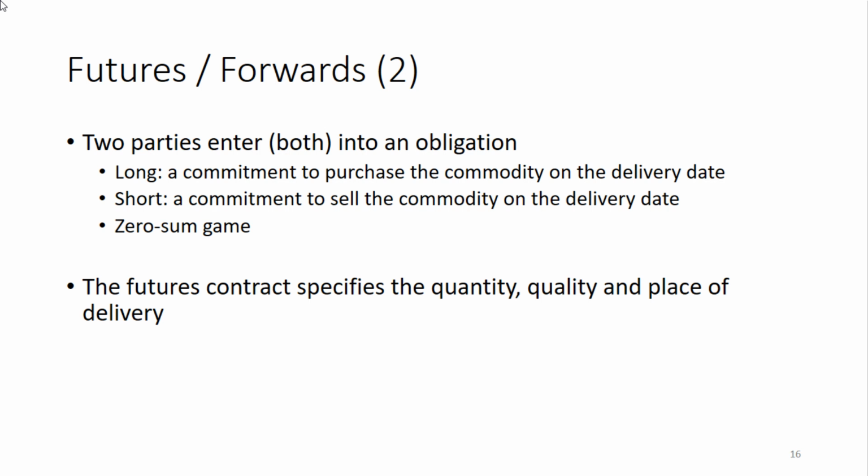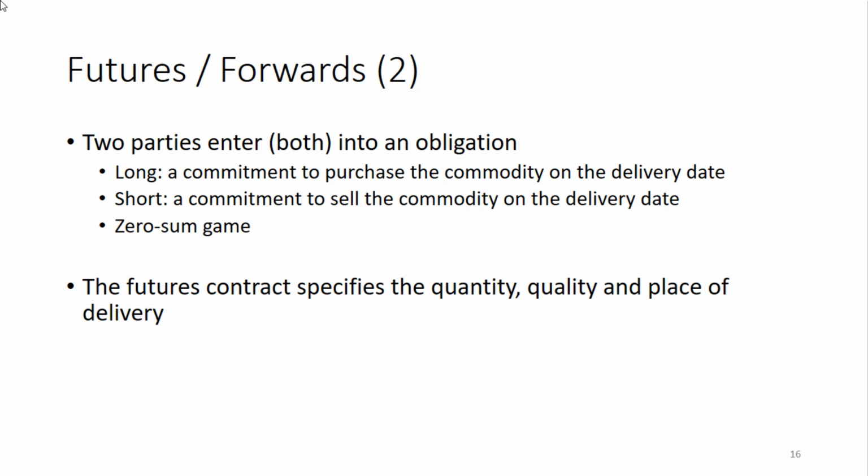Over the course of holding the contract, of course, if I have agreed to buy an asset in the future at a particular price, say for example 100, and at the moment where I can actually buy the asset, the actual price in the market is 120, then I'm very happy that I entered into this contract maybe 9 months ago. If I had not, I would have to pay 120 to buy the asset.